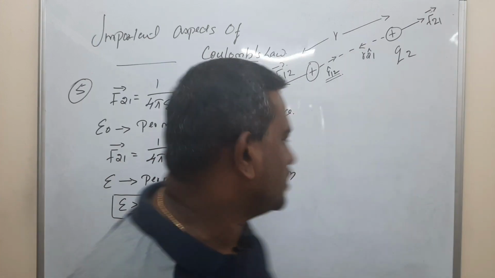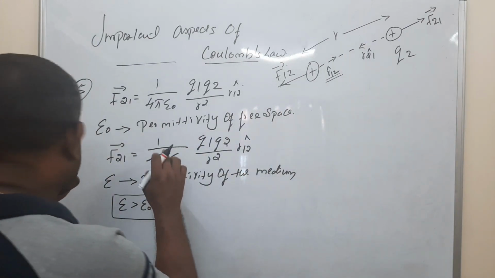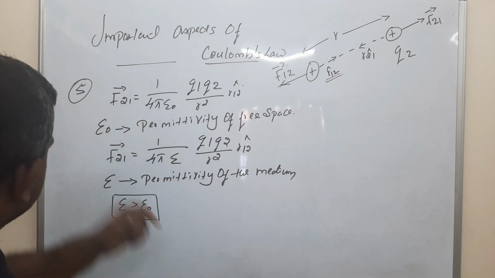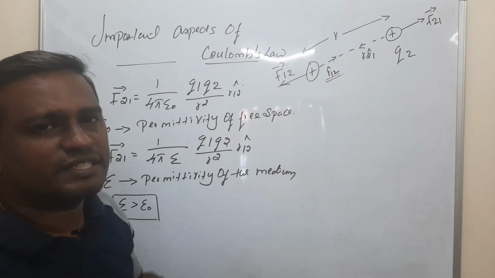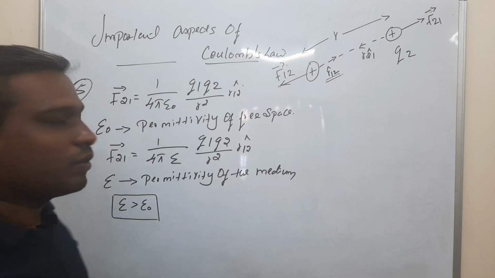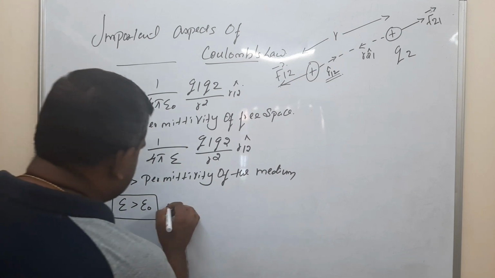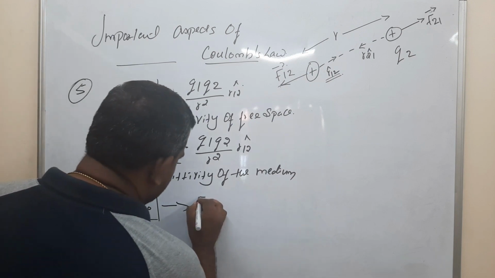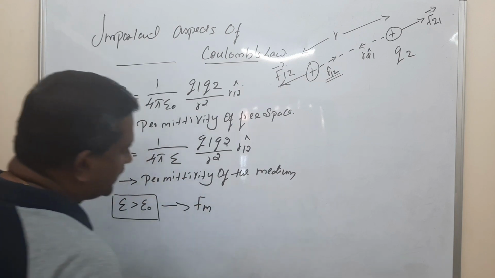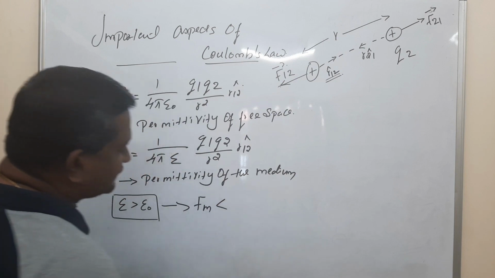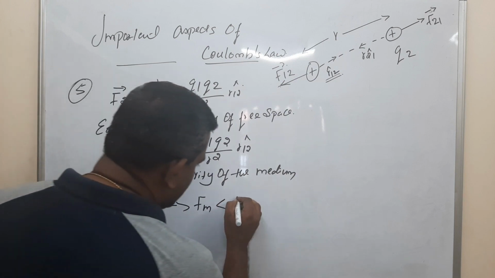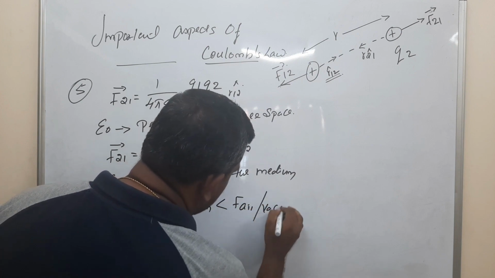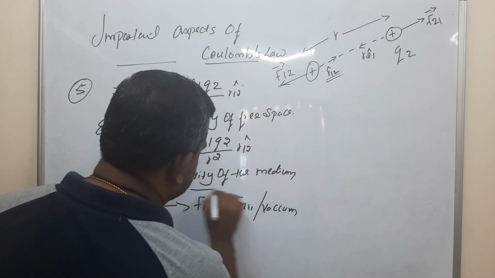So where does epsilon appear? In the denominator, so when epsilon increases, the force decreases. So epsilon greater than epsilon 0 means the force in the medium is always less than the force in air or vacuum.